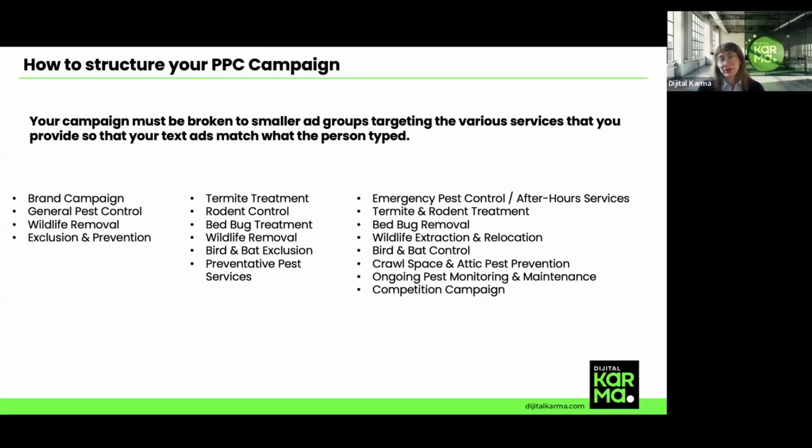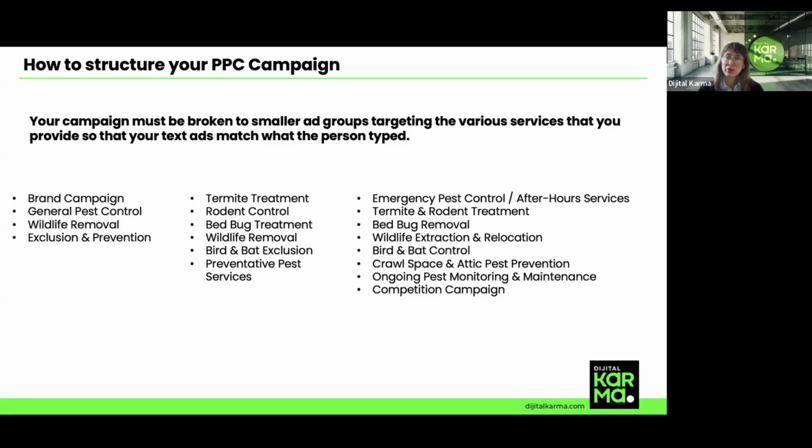Apart from search, we also have Performance Max campaigns. Everybody has been asking for the last year, are you using AI in your digital marketing campaigns? Of course we are, because since 2021, Google's AI campaign type, Performance Max, uses Google's AI to run ads across search, YouTube, display, Gmail, and also maps.